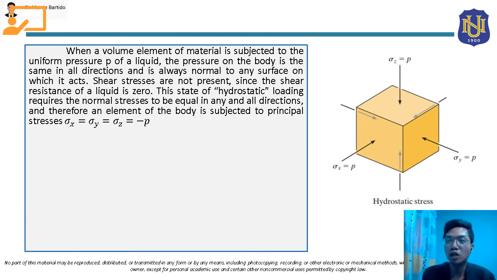When you submerge a material in a liquid, the elements in that material will be subjected to uniform normal stresses in all directions. Shear stresses are not present since the shear resistance of a liquid is zero.